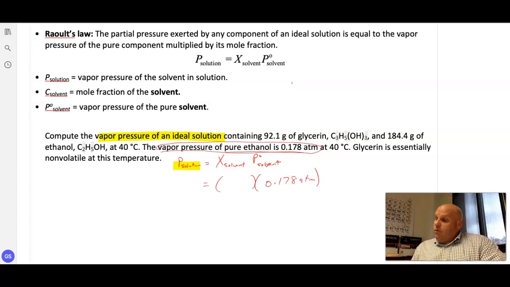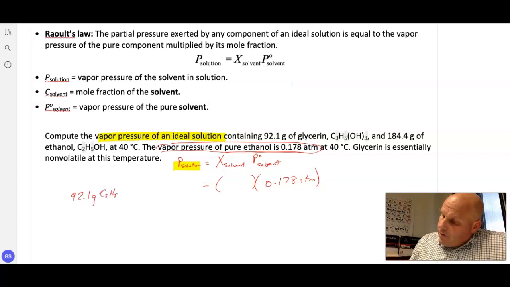Now I need a mole fraction of the ethanol. You can see they've given me grams of both values. So here's where that conversion work comes in. Luckily for us, we've done quite a bit of this. So over here on the side, I'm going to take my 92.1 grams of the glycerine, and I'm going to convert that to moles.